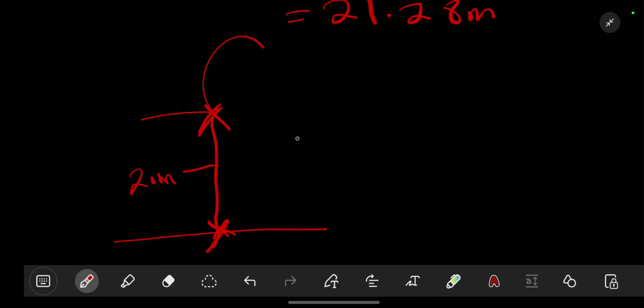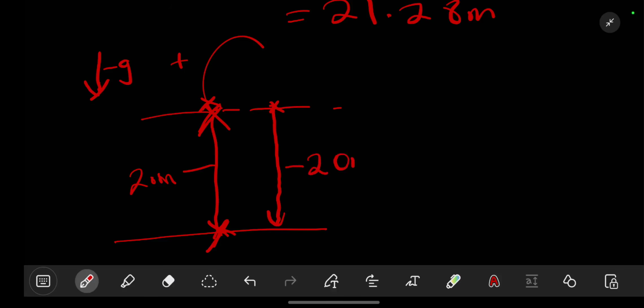Therefore, since it went up, we are going to consider that to be positive. At the initial point when it was thrown, gravity was acting downwards. So we are going to assume that gravity is negative at all points, even when it begins to fall, because with respect to where it began, it was negative. Then whatever distance is below the throwing point will be considered negative. So this will be negative 20.